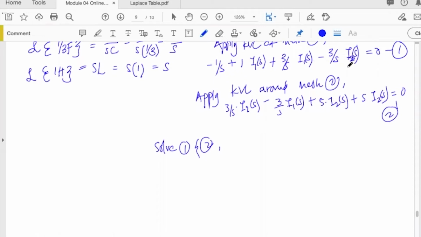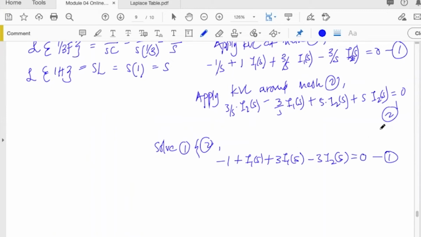You multiply equation 1 by s, and you will end up with negative 1 plus I1(s) plus 3I1(s) minus 3I2(s) equal to 0. That would be your revised first equation.